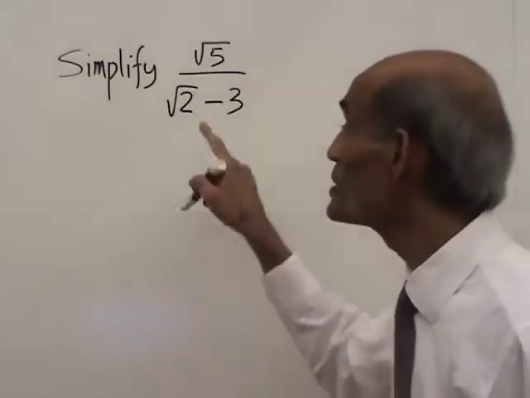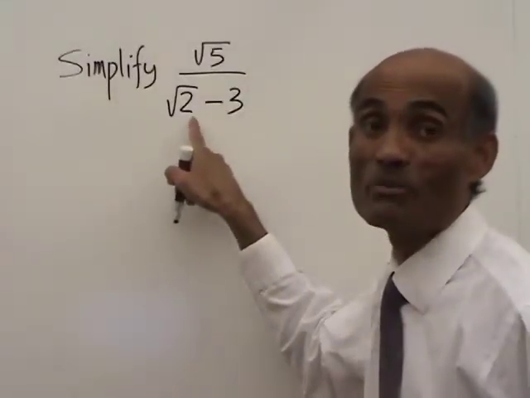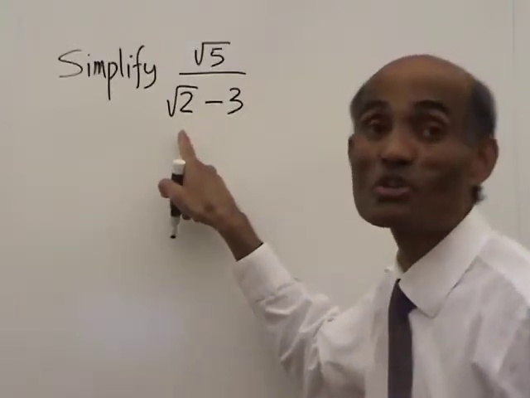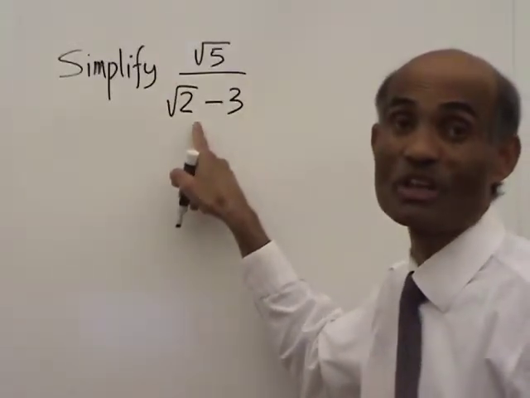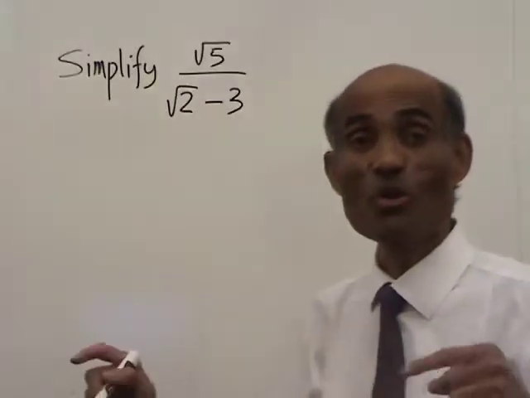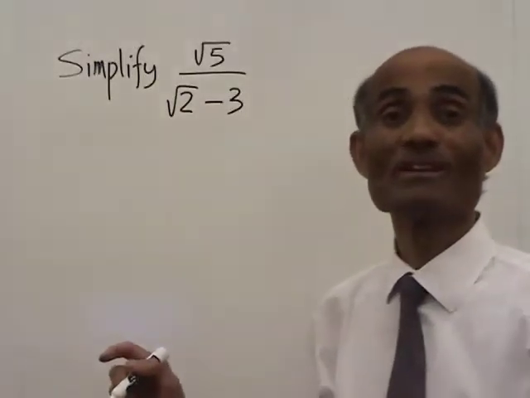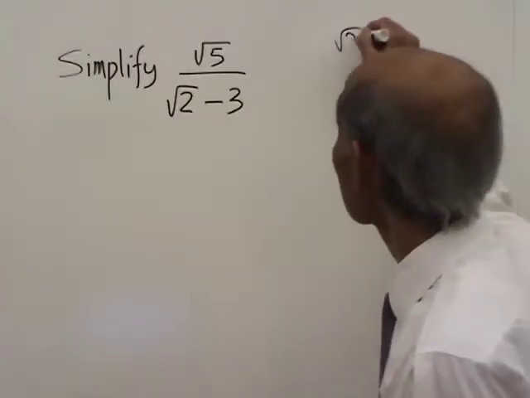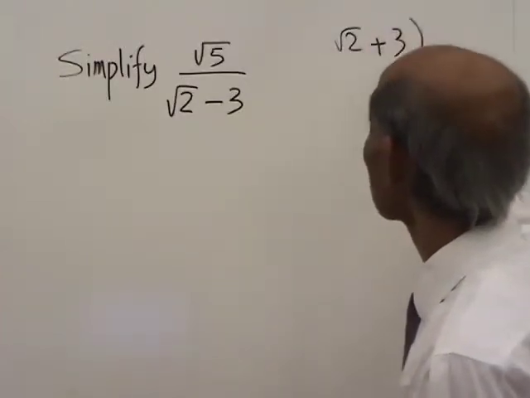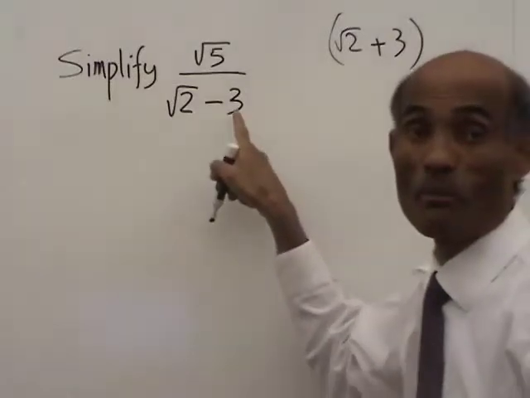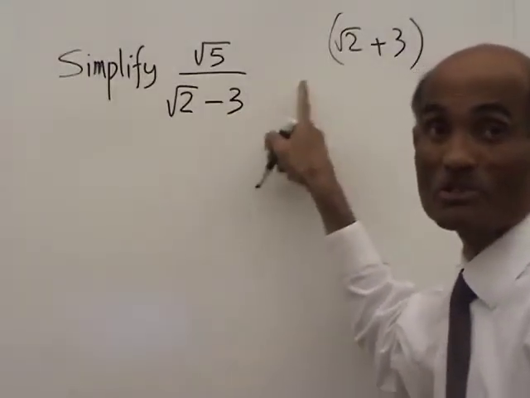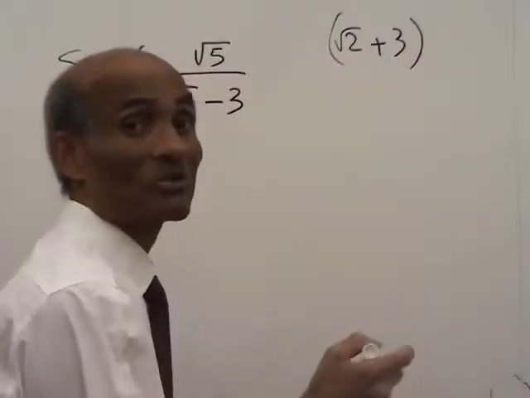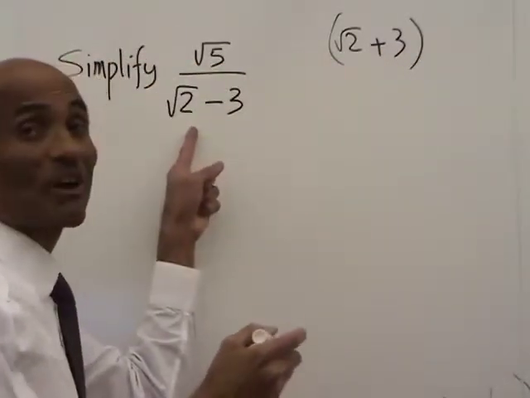What you need to do is, you need to multiply the numerator and the denominator by the conjugate of this quantity. What is the conjugate of square root 2 minus 3? The conjugate of square root 2 minus 3 is square root 2 plus 3.